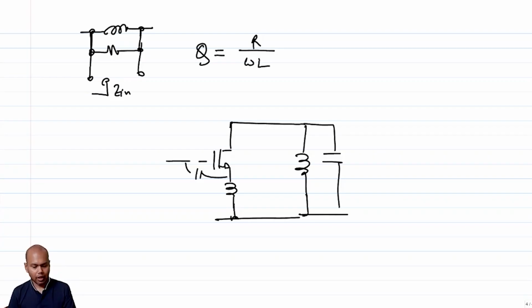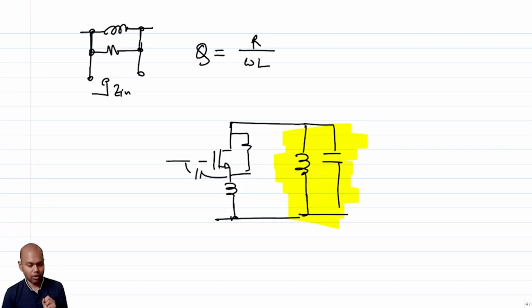This load gives you infinite gain at the resonant frequency, but I also understand there is an RDS here, so the gain will not go to infinite, but we assume that the inductor is ideal, right? But neither the inductor nor the capacitor can be ideal, because there are resistances associated with each of these elements. So how does the performance of this tank get affected if I put a lossy element alongside it, right?